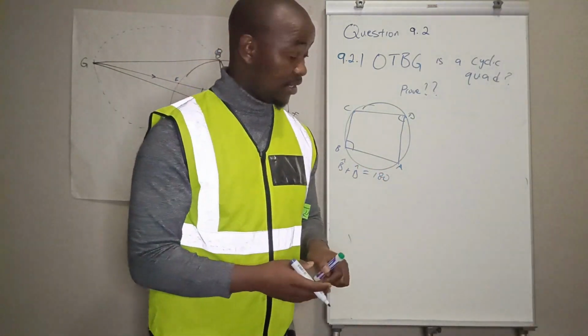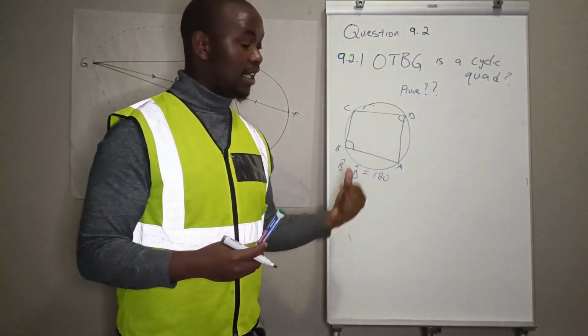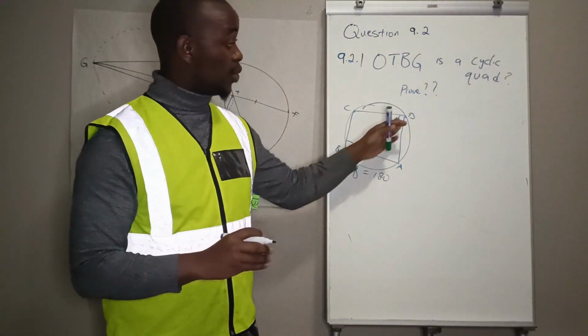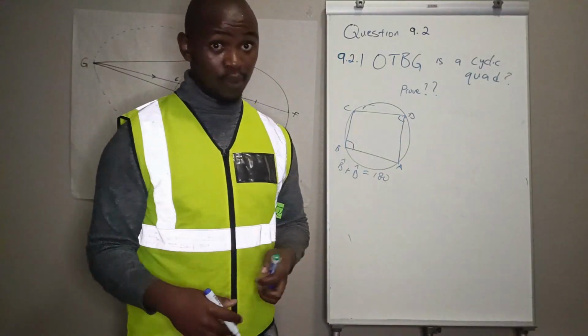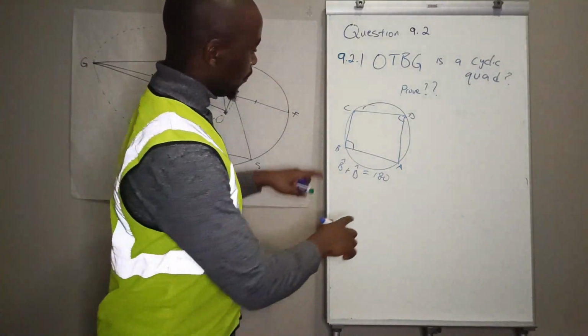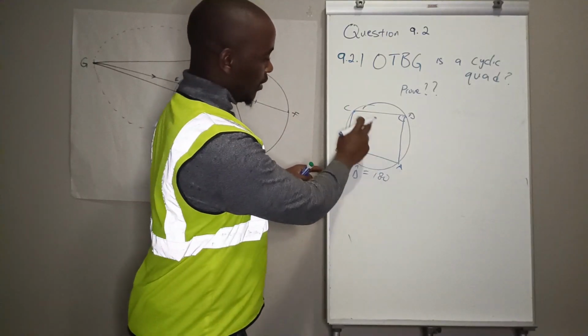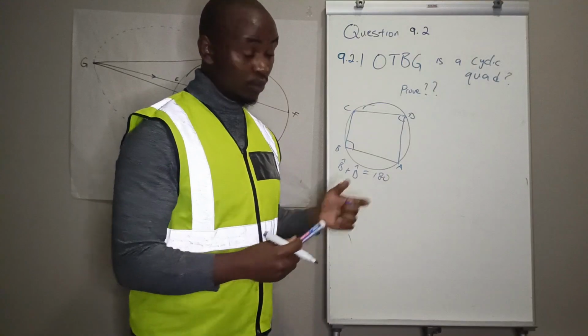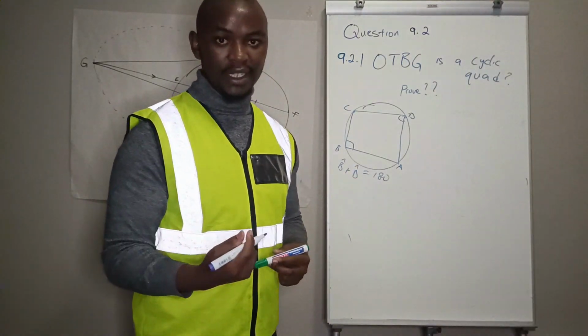That is a cyclic quad. A cyclic quad has opposite angles supplementary. So if you add those two angles, they should give you 180 degrees. The same applies for A plus C. When you sum them, they need to give you 180 degrees.